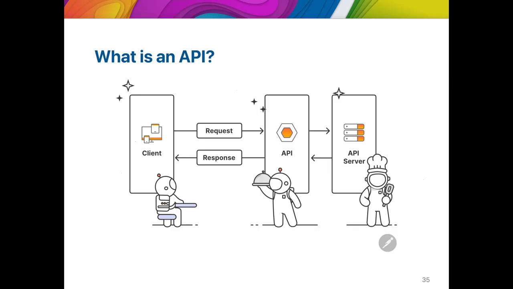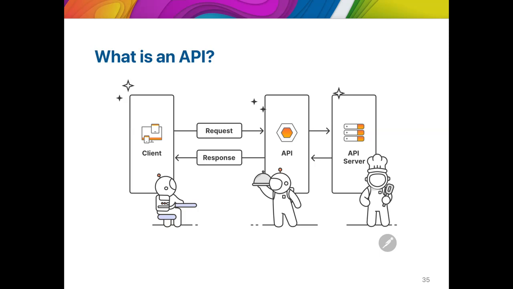So here is an example or analogy of how an API works. Imagine a customer in a restaurant is your phone app, the SBR, or a software system, the client.